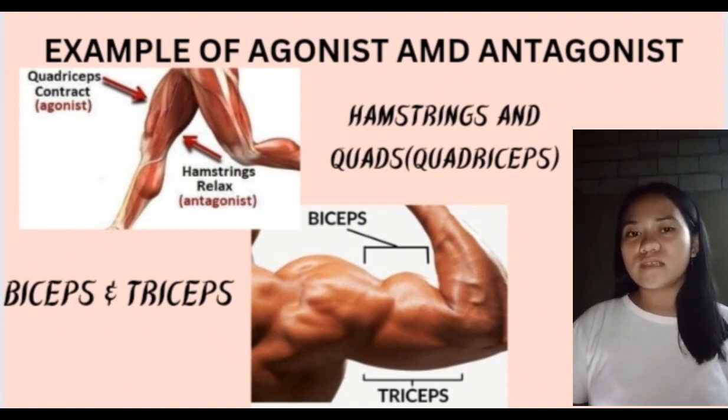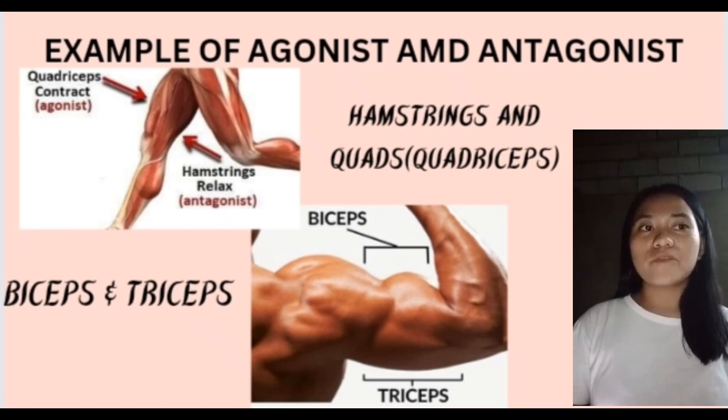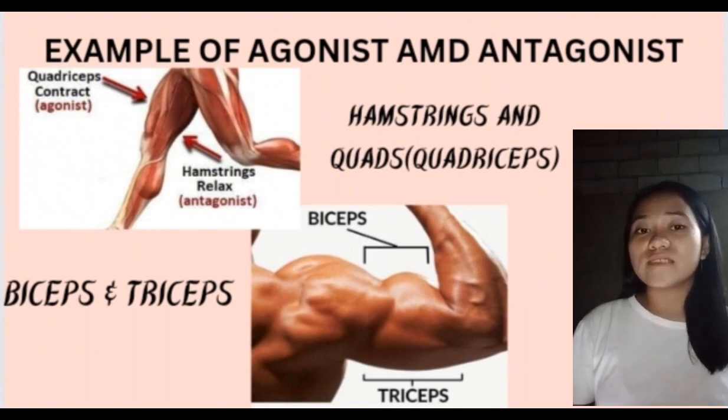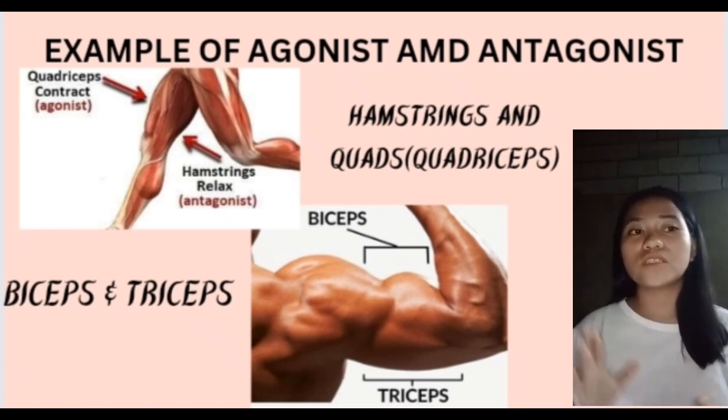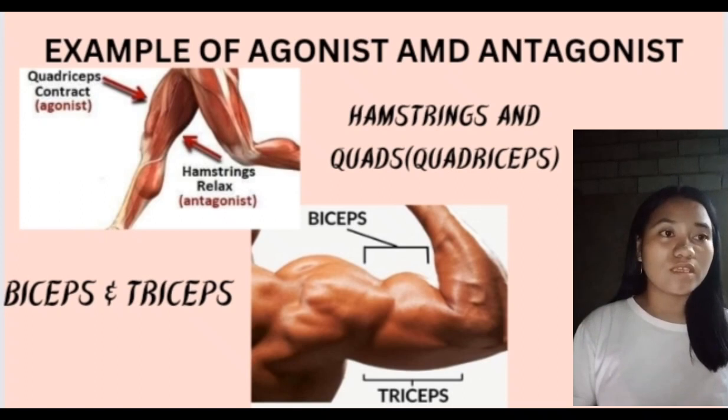The hamstrings and quads are two of the primary muscles in our upper legs. This is one of the prime examples of agonist and antagonist muscle pairs. The quads and hamstrings control the extension and contraction of our knees, which are an integral part of some of the most basic things we can do, such as walking or sitting down.